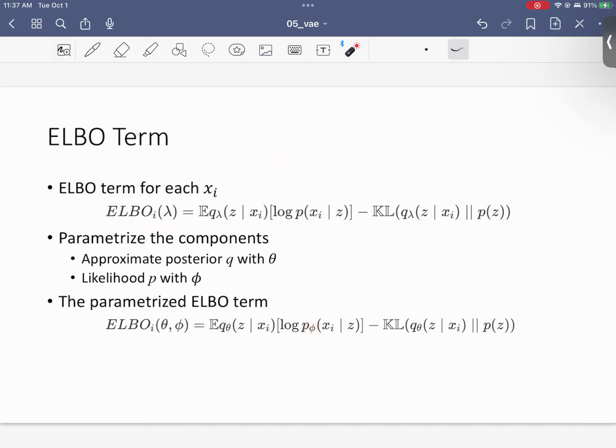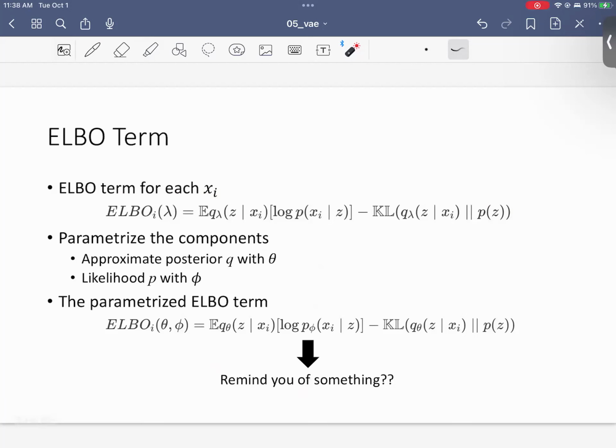So we now can control two parameters to maximize the ELBO, which is a little bit different from the original ELBO. Keep that in mind: theta for the encoder, phi for the decoder, and we can control these two parameters to maximize the ELBO. That is the difference between this guy and this guy.